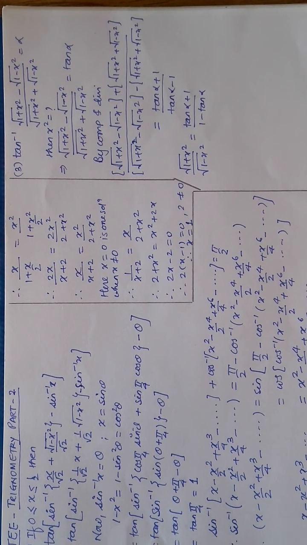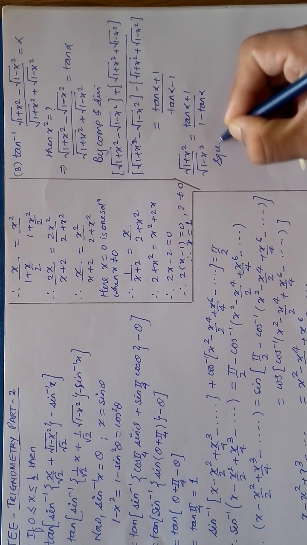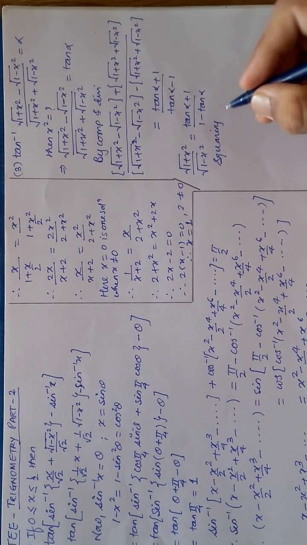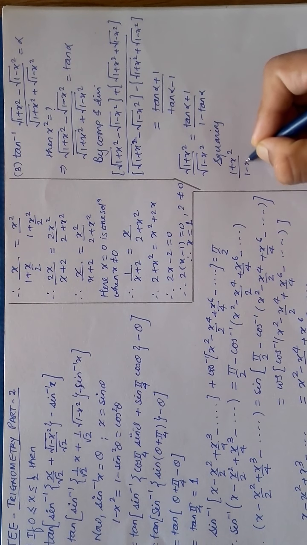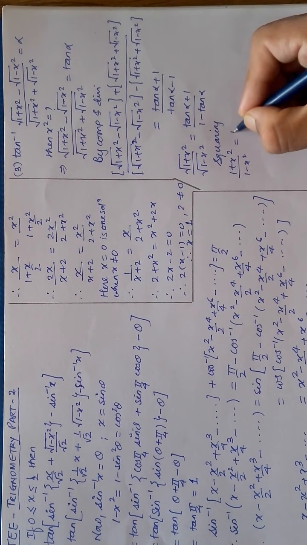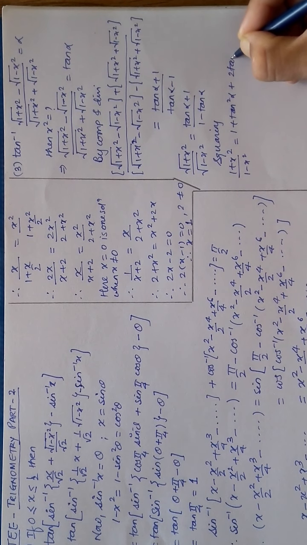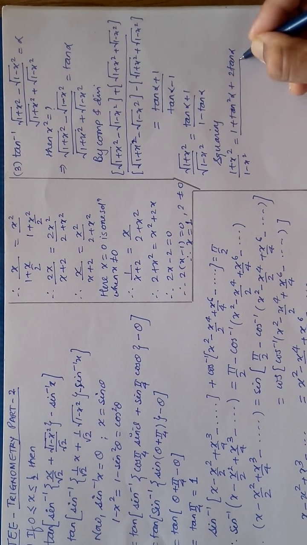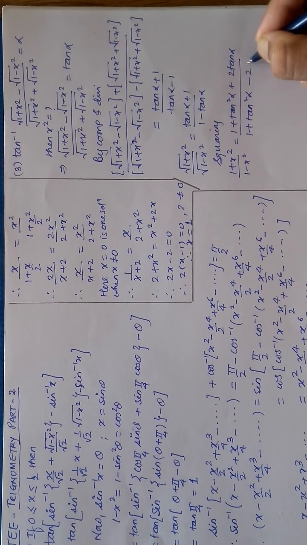So after getting this, the first step I need to do is I will cross multiply, but no, I will square it so that I get rid of this particular thing, that is the square root radical sign. 1 plus x square upon 1 minus x square is equal to 1 plus tan square alpha plus 2 tan alpha. Agreed? And this will become 1 plus tan square alpha minus 2 tan alpha.